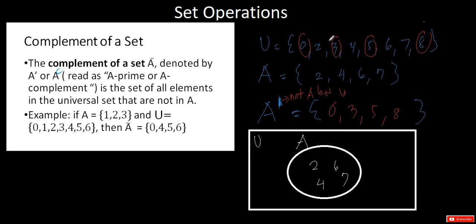And what are the elements of the universal set that are not in A? We have 0, 3, 5, and 8. Now, if we check, all the elements of the universal set inside the rectangle are 0, 2, 3, 4, 5, 6, 7, and 8. And the elements of set A are 2, 4, 6, and 7.